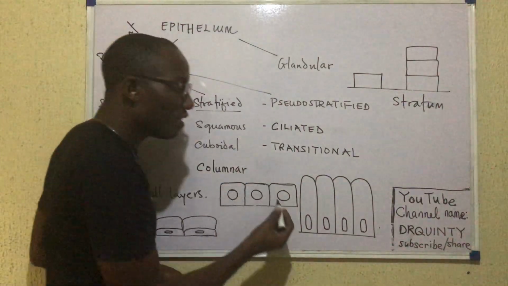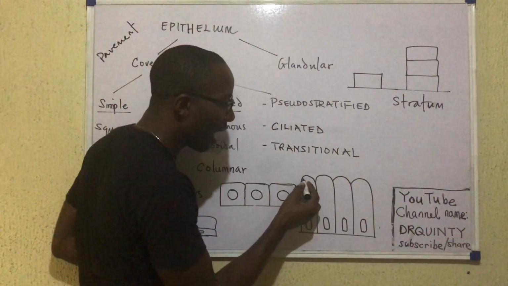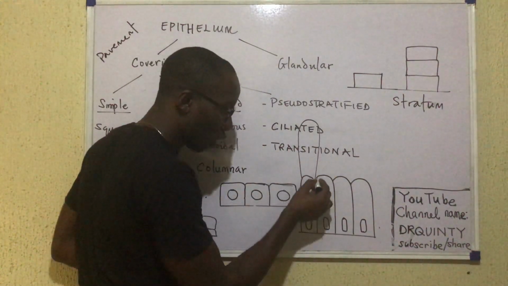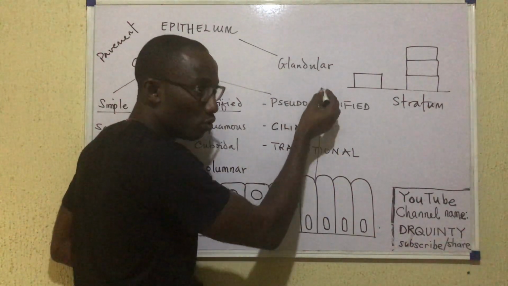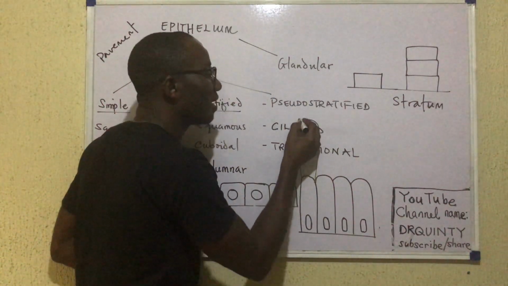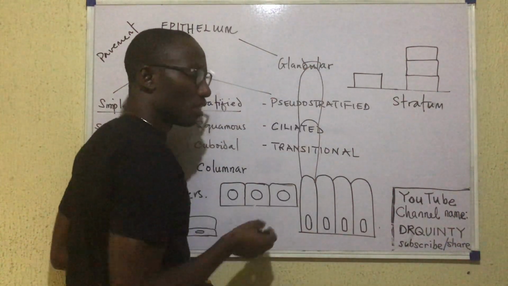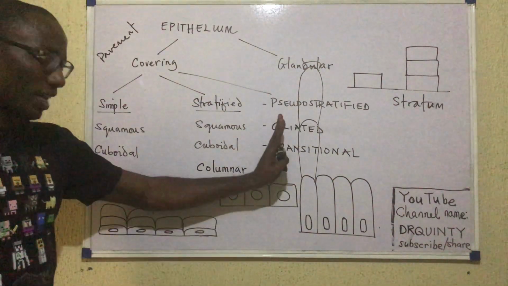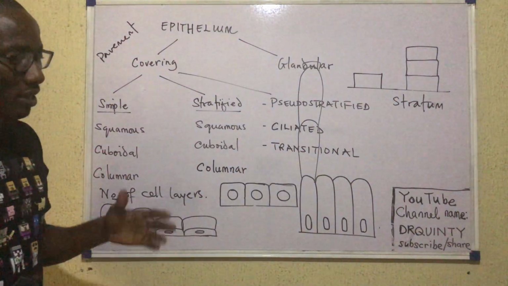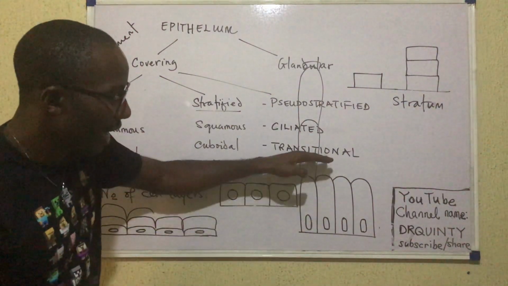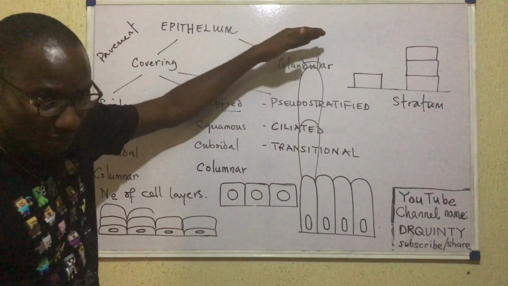Then at the very top, so imagine this columnar having another columnar on top, maybe a third columnar, and then after this third columnar, there is squamous on top. This is stratified to begin with. Why is it stratified? Because we have multiple layers of cells.